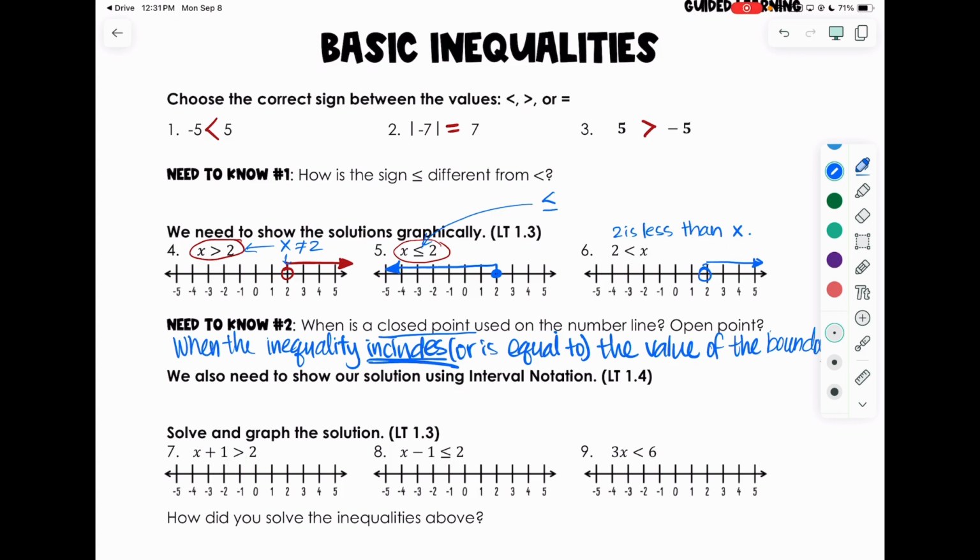Okay, so when do we have an open point? When the inequality cannot, sorry. It's okay. It's confusing.